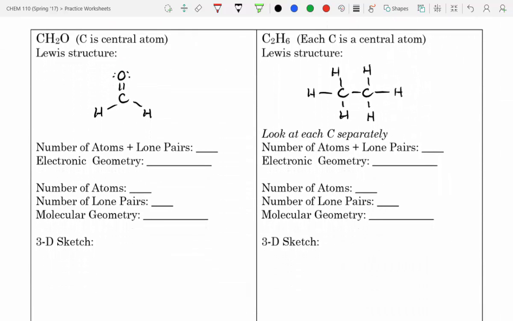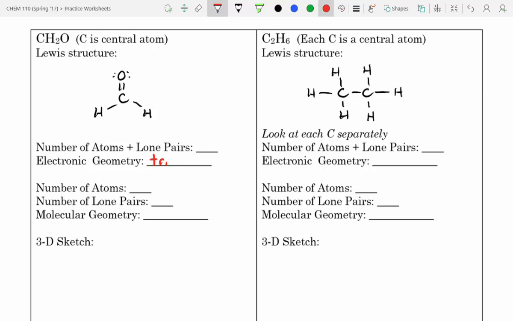Next one's formaldehyde, that embalming stuff. If we look at just the carbon atom, that central atom there, how many bonded atoms do we have? 3. We can't count the double bond as being 2 bonded atoms. It's still just bound to 1 oxygen. Okay, so we've got 3 bonded atoms, no lone pairs. What electronic geometry would this be?